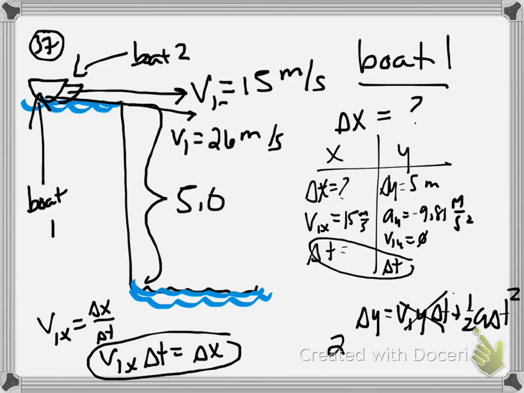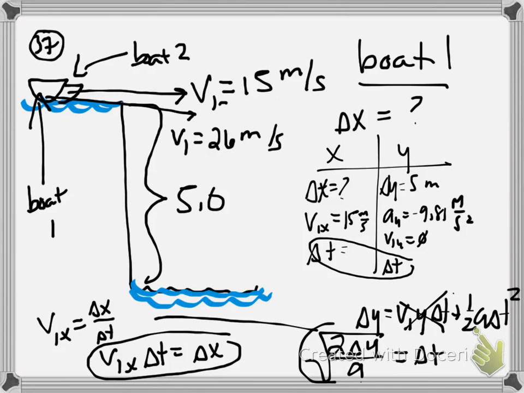So if we do the square root of 2 delta y over a, we have an expression for delta t, which, lo and behold, can be plugged right into there. You're just going to do that for both boats, and you're going to look at how far apart they land. So do I subtract them? Yeah. If one lands 10 meters out from the waterfall and one lands 7 meters out from the waterfall, how far apart are they? Yeah, that's all you're doing. It's worded in a way that makes it sound really confusing.